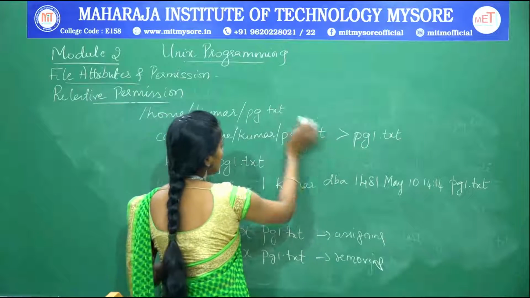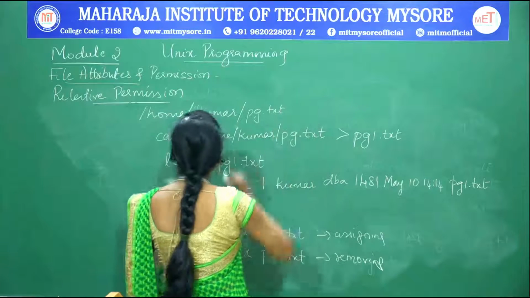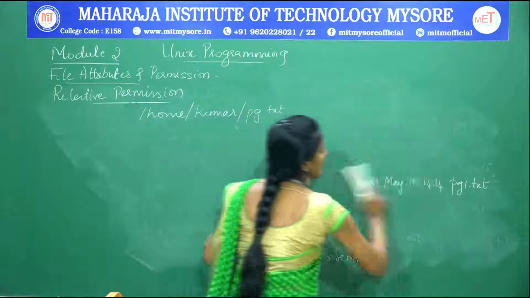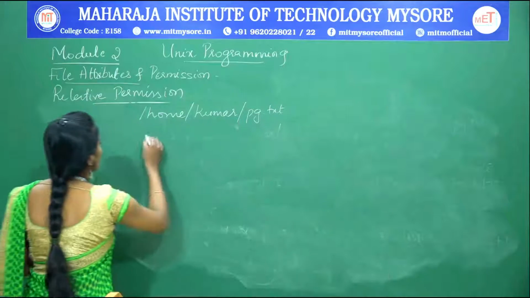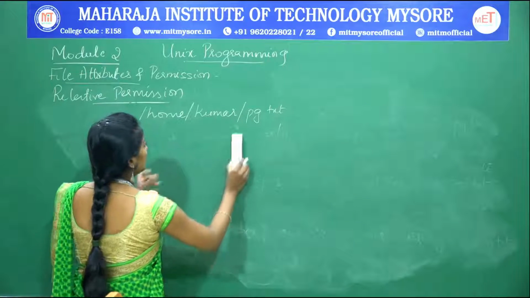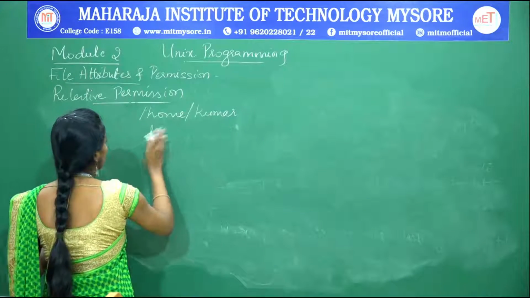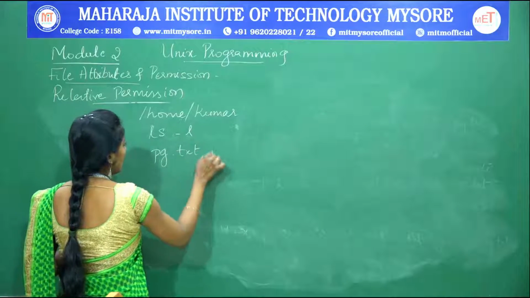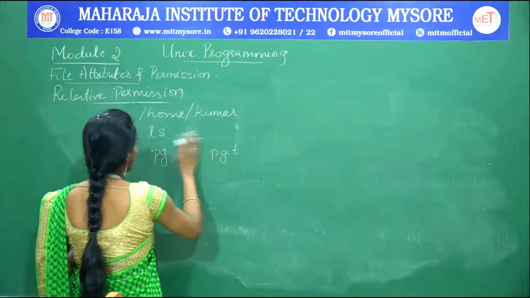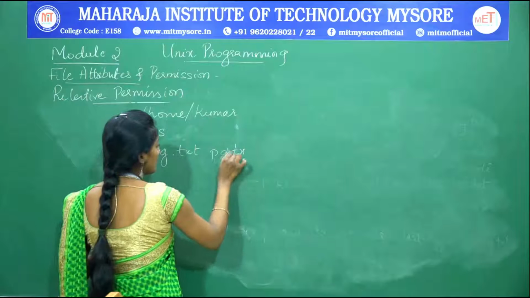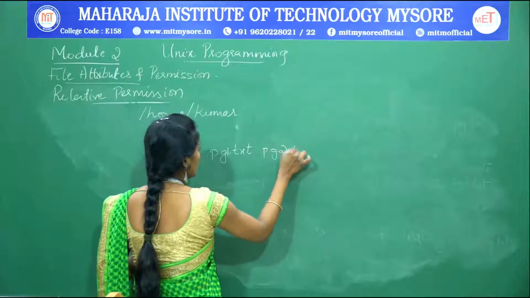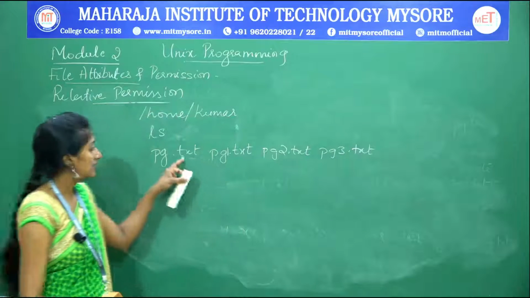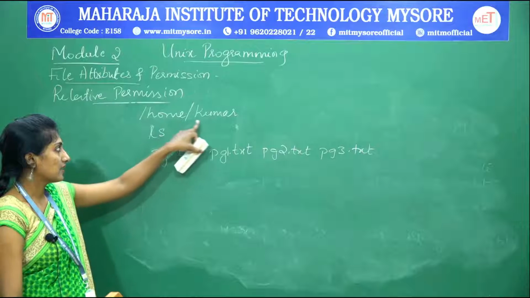As of now I have these two files, and let me create one more file first and explain that. pg.txt file, pg1.txt, pg2.txt file, pg3.txt file. So assume we have these four files under the Kumar directory.